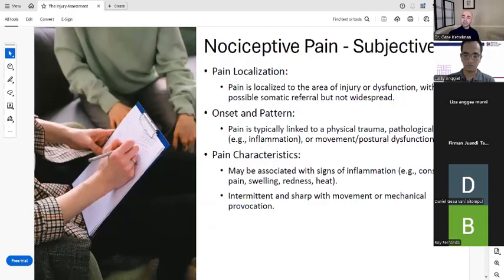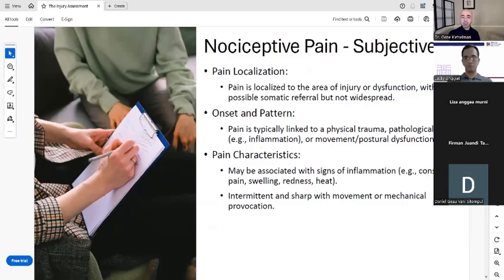So what will you see, what will you hear actually, in the subjective exam? So first, in terms of where the pain is going to be located, they're going to complain of pain that is localized to the area of the injury or dysfunction, with possible somatic referral, but it's not widespread.